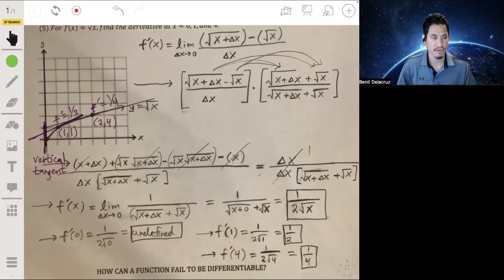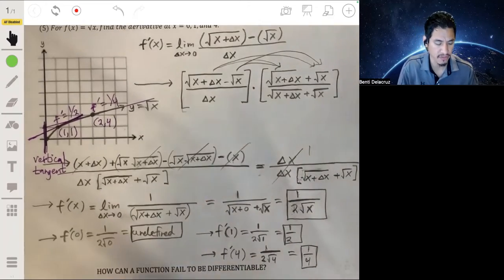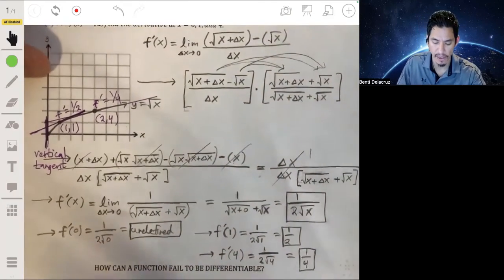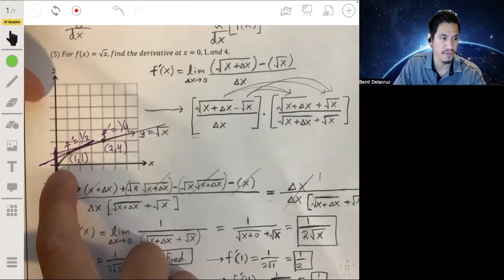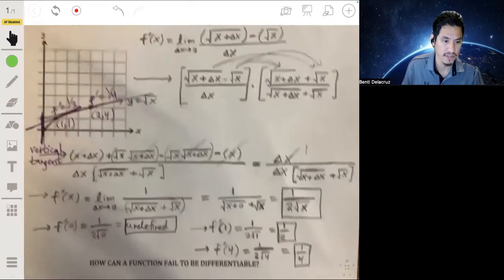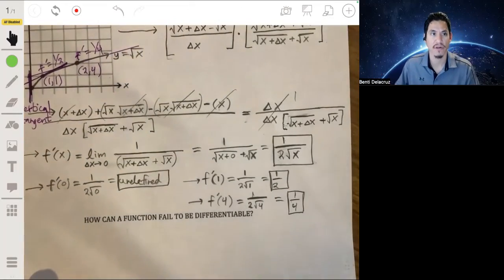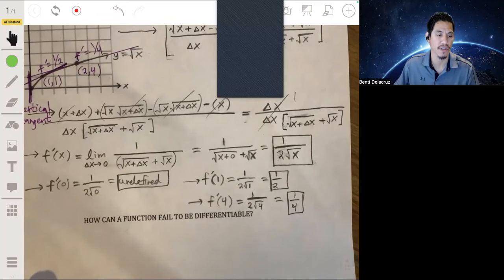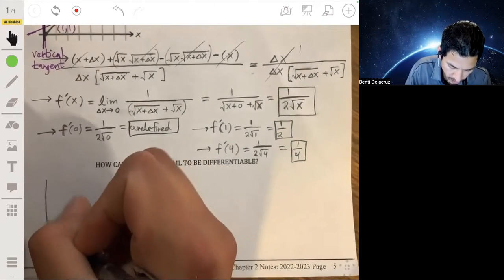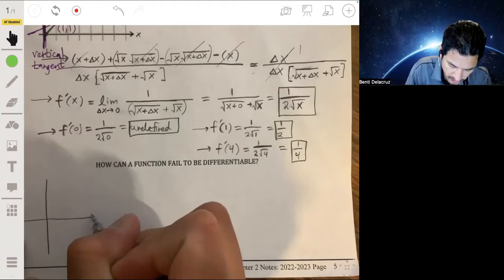All right, now let's look at some situations where a function can fail to have a derivative, so where it's not differentiable. You already had one example over here. We had a vertical tangent line at 0. So that's one of our general cases where the derivative is undefined, or we say where the derivative fails to exist.